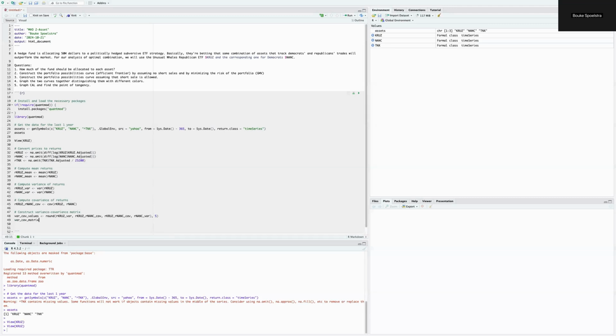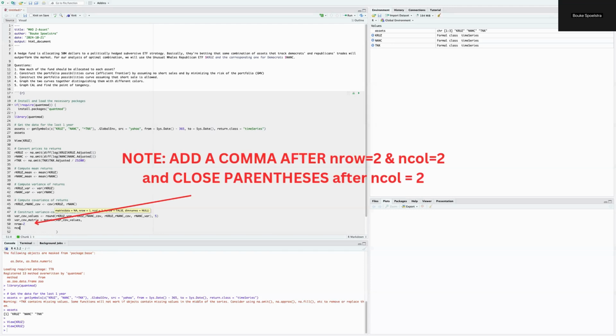Now we'll make the matrix. So use the matrix function, variance-covariance values, nrow equals 2, and ncol equals 2. This sets the number of rows and columns.